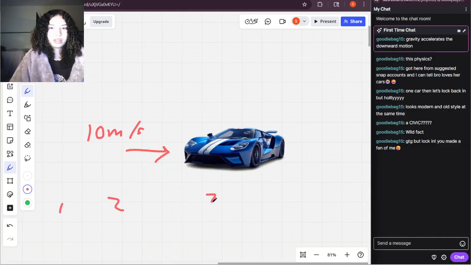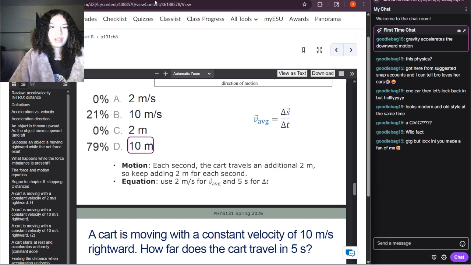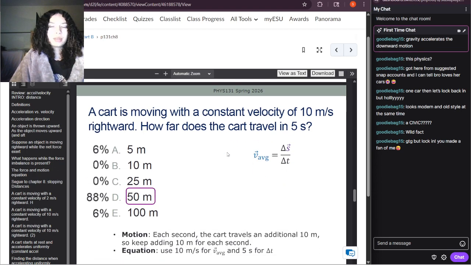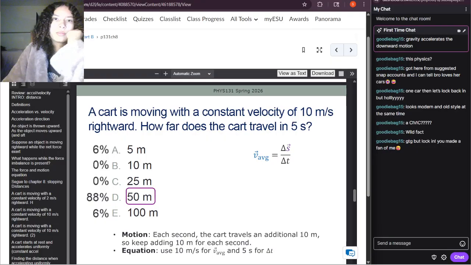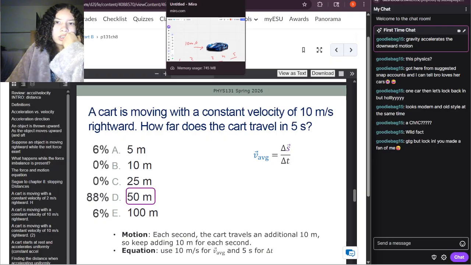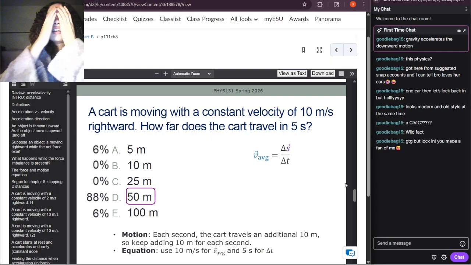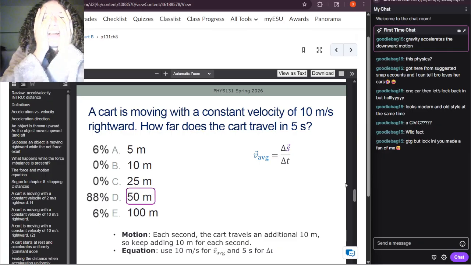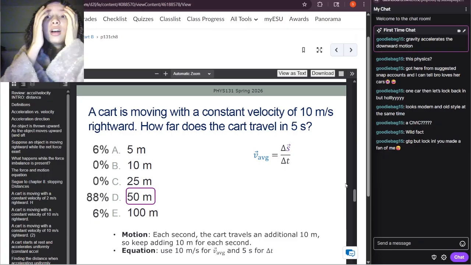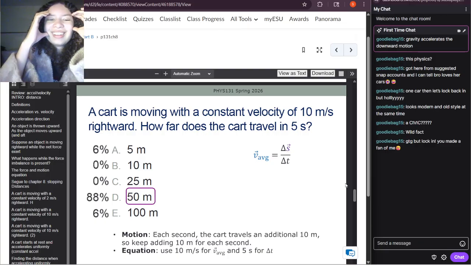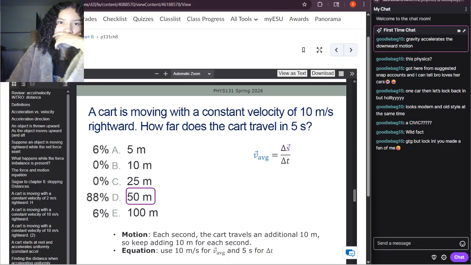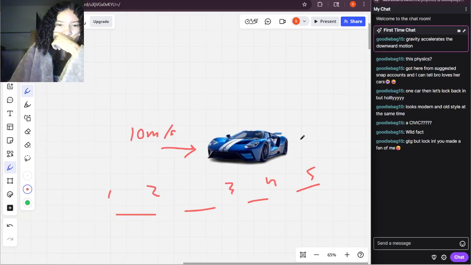Well, 10, 20, 30, 40. 40 meters. 50 meters. What did I miss? What stupid math mistake did I do? Oh, I'm actually dumb. 5 times 10, girl. You passed 5th grade.